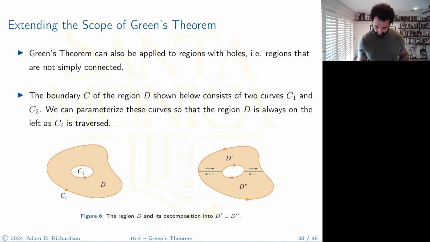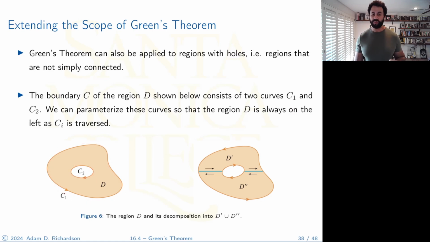We're going to let C be the boundary of this region D that you see down here. The boundary of this region consists of two curves: this outer curve, C1, and this inner curve, C2.